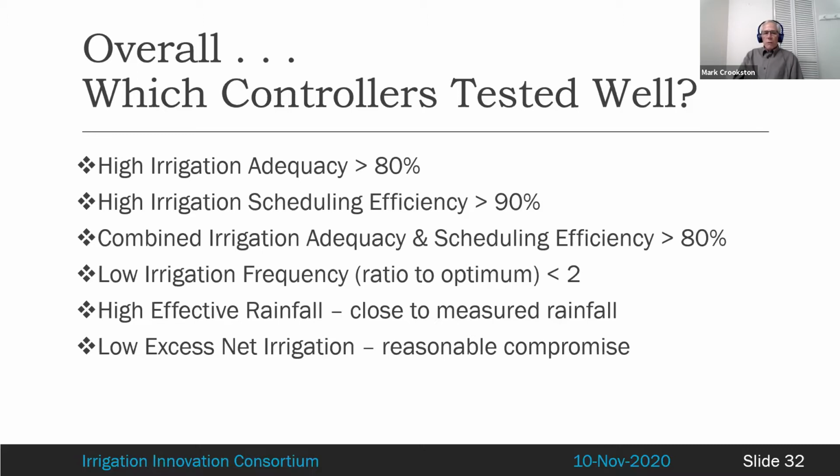Then we introduced a low irrigation frequency, a ratio to the optimum irrigation interval. We're hoping that it would be less than 2. And then we looked at having high effective rainfall, as close as we can to the measured rainfall. And we looked at not having excess net irrigation, so that we would have some compromises there.